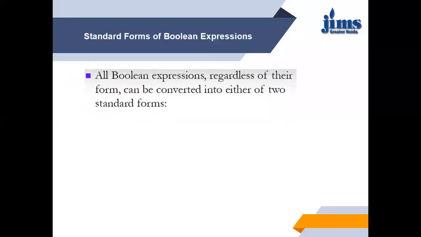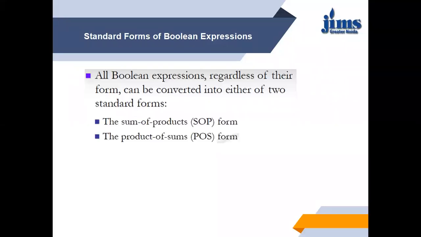All Boolean expressions, regardless of their form, can be converted into either of two standard forms. So to represent any Boolean function, there are only two types of standard form, and they are the sum of products, called SOP, and the product of sums, called POS.